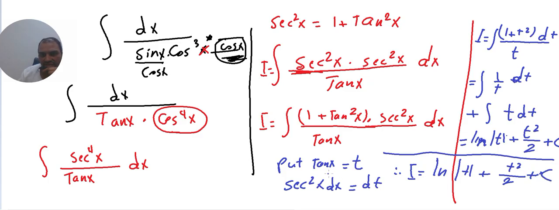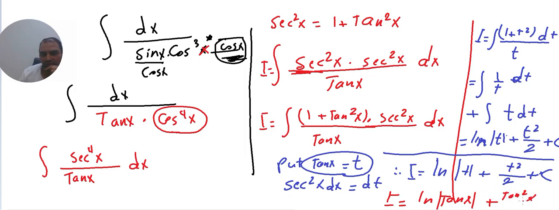You can replace t with tan x. Then the last answer, the integration, will be ln of absolute value of tan x plus tan power 2 x over 2 plus constant. That is the last answer here.